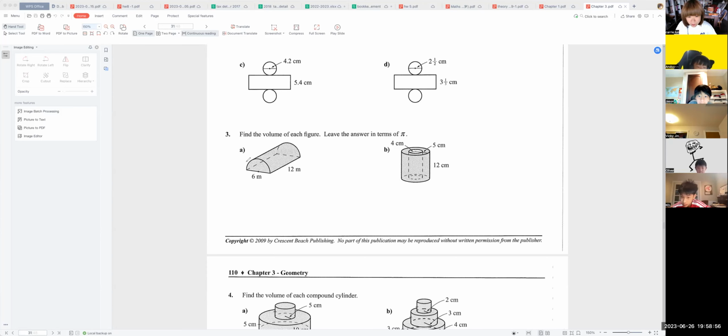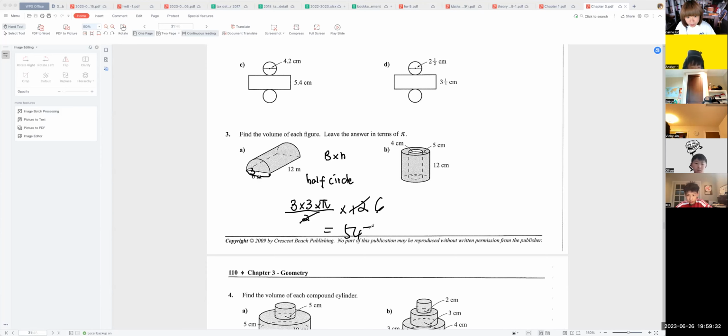This one basically is just a cylinder cut in half, right? Jason, you're probably going to think, can we use base times height? Yes, but we need to flip it over, right? Stand it up. So what is the base? A half circle. The diameter is 6, so the radius is 3. So 3 times 3 times pi divided by 2, so that's half, and times height. So the answer is 54 pi meters cube.